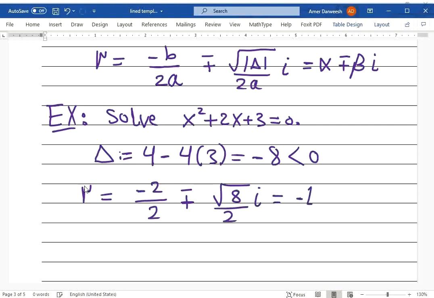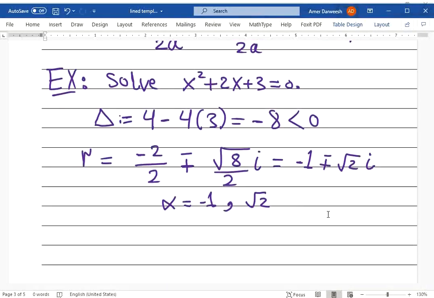Square root of 8 is 2 square root of 2 over 2, so it is minus 1 plus minus square root of 2 i. إذا الألفا اللي أنا بسعى إلها هي minus 1 والبيتا اللي هي imaginary part هي square root of 2. لاحظوا إنه دائما وأبدا الكومبلكس روتس بيكونوا conjugate، ألفا زائد بيتا آي وألفا ناقص بيتا آي. فإذا عرفت أول روت دائما وأبدا الروت الثاني بتعرفه للكوادراتيك equation.